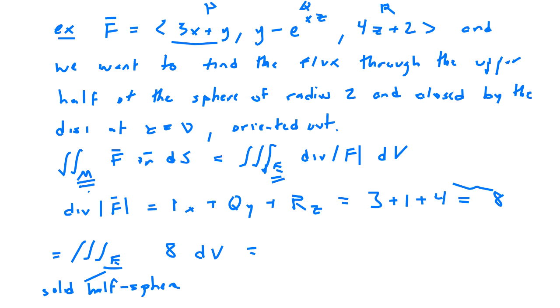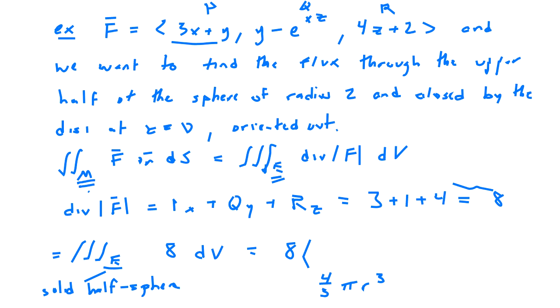Since it's a constant, when I integrate, I'm going to get the volume. So anyone remember what is the volume of a sphere? Hey, there it is. Almost. Anyone else remember? Right, so the only thing is it's 4/3 pi r cubed.